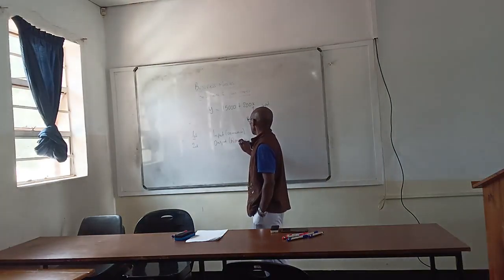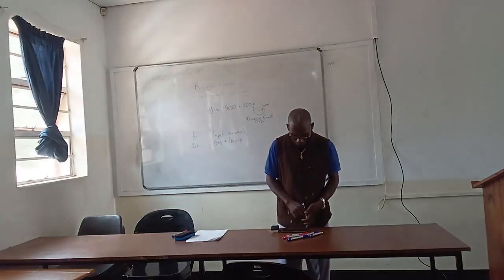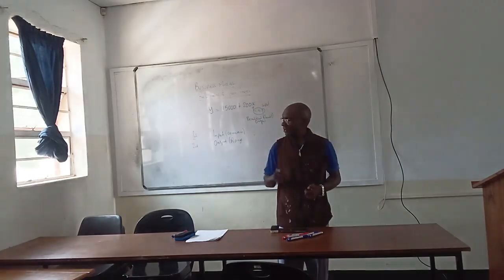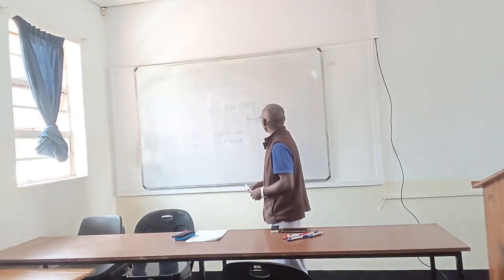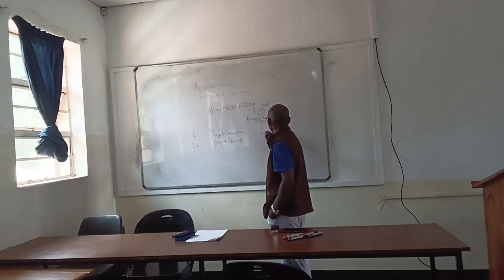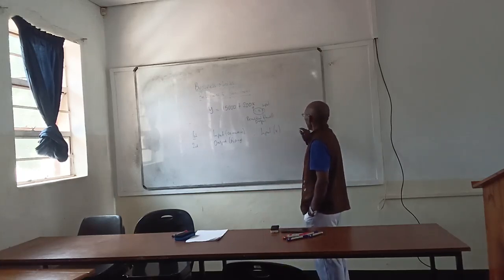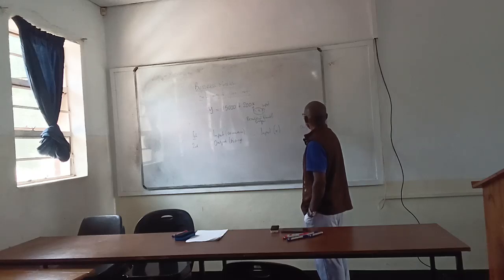So output is the range. So we'll look into that. So we have got the input. So the input is our x. Input is our x. And output is our y. All right. So output is our what? Y.